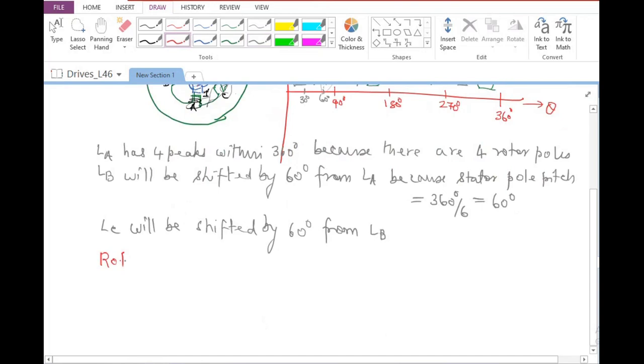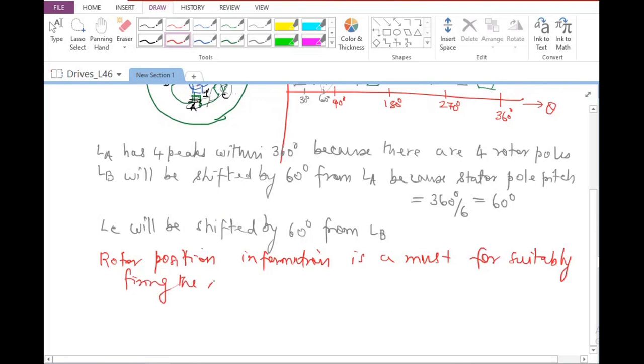So rotor position information is a must for suitably firing the stator phase windings, whether it is A phase or B phase or C phase windings, so that positive or motoring torque is developed.